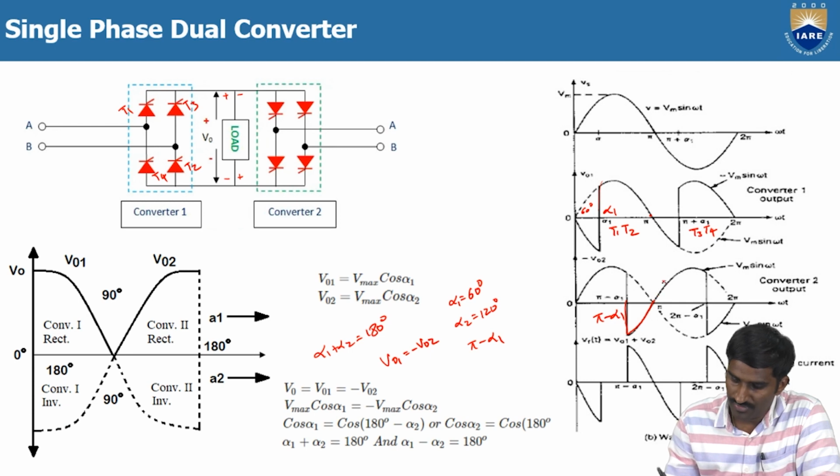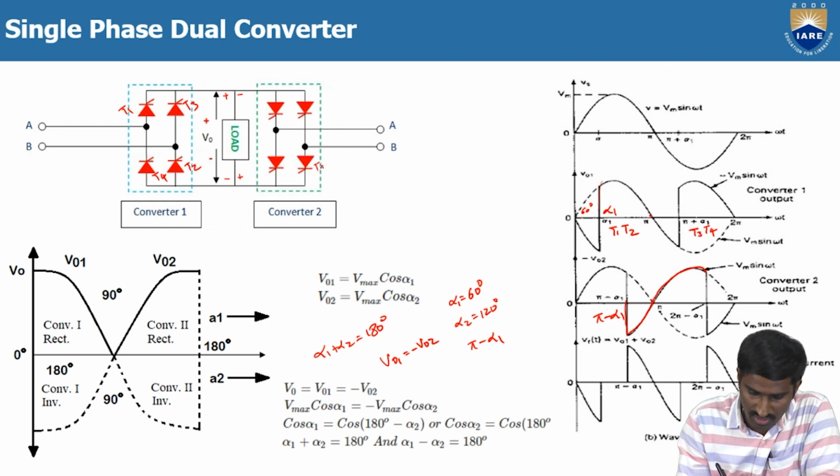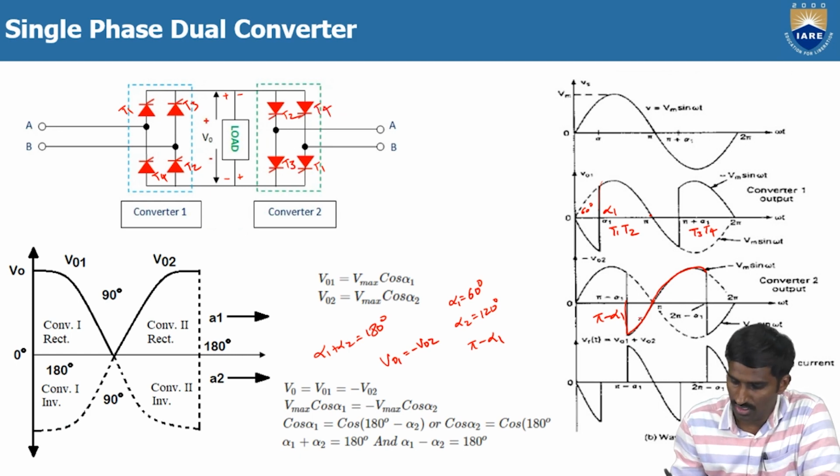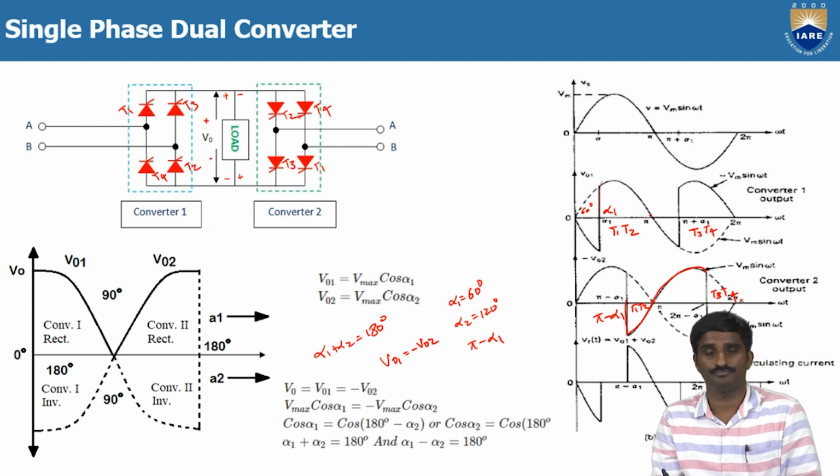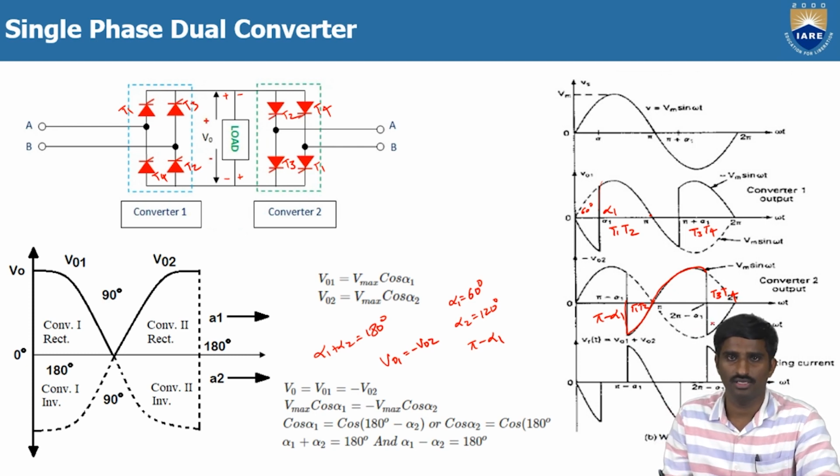Then of course, because of the inductive effect, you will get some reverse voltage also. During this time, again, let me consider this is T1, T2, T3 and T4. Here T1 and T2 will conduct, and here T3 and T4 will conduct.